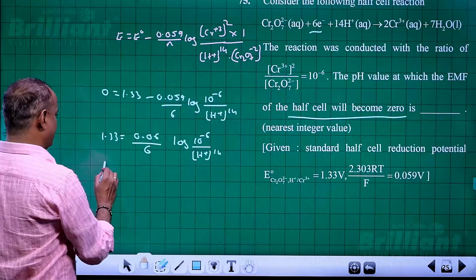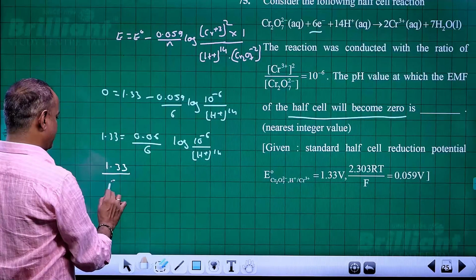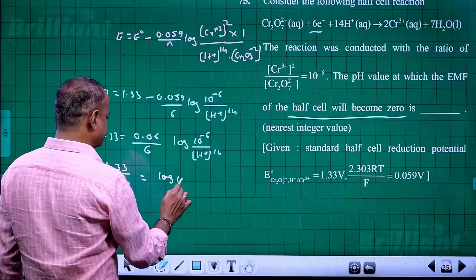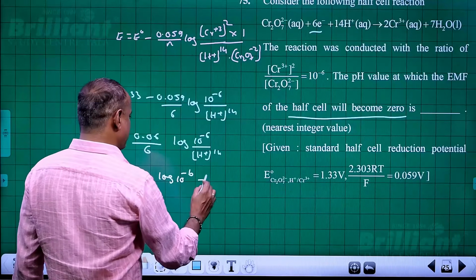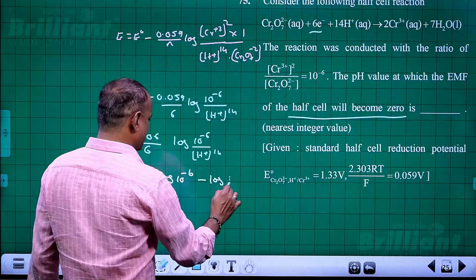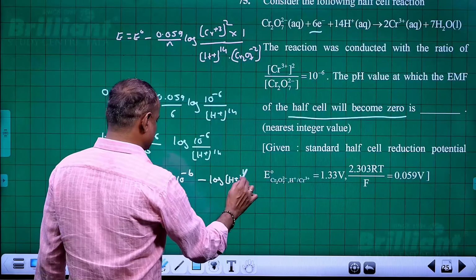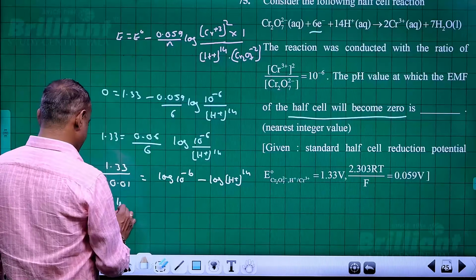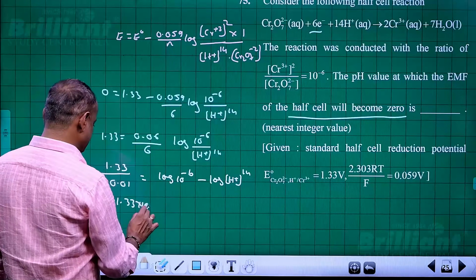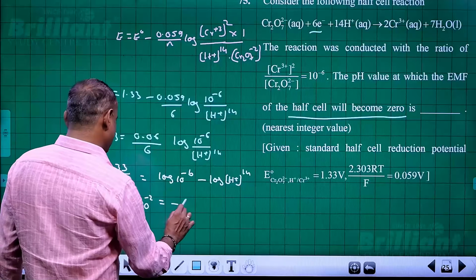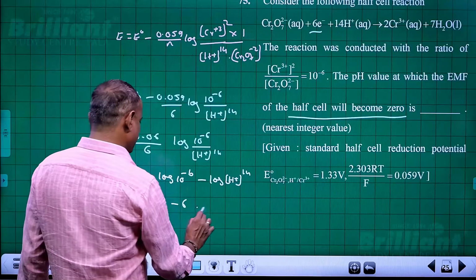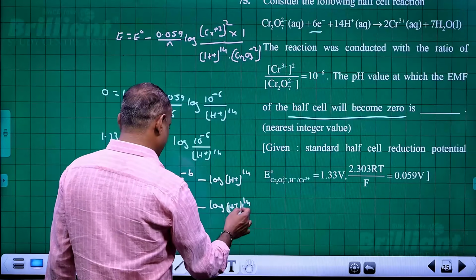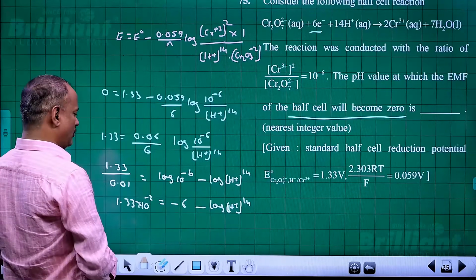So 1.33 by 0.01 is equal to log 10 raised to minus 6 minus log of H plus raised to 14. 133 is equal to minus 6 minus 14 log H plus.